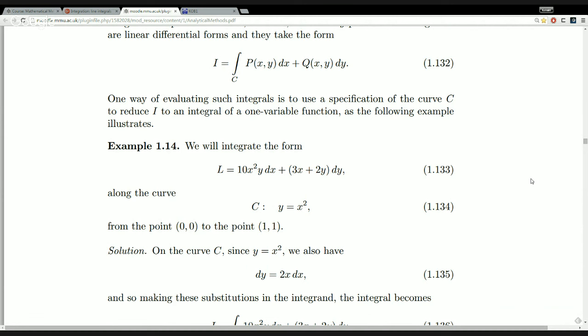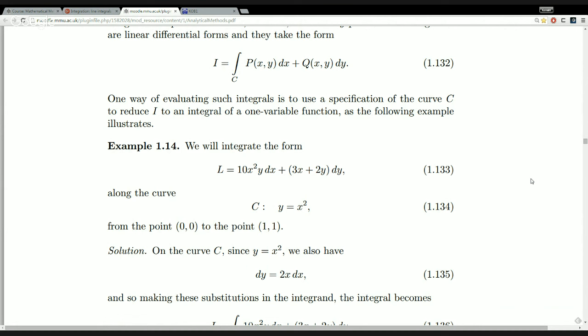Okay. But we can use these now to look at I and translate everything to x. So we have 10x squared y, but that will become 10x to the power of 4, and that's multiplied by dx. And then we've got 3x plus 2y, but that will be 3x plus 2x squared, and that's multiplied by dy, which is now 2x dx. So that looks like we've succeeded in translating everything into x.